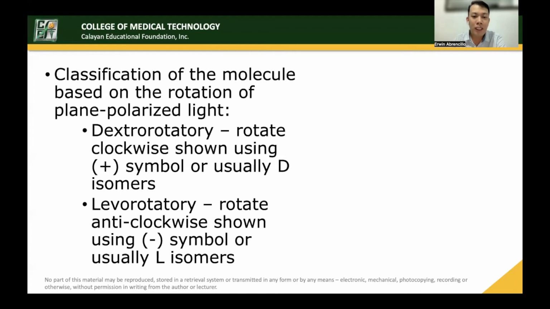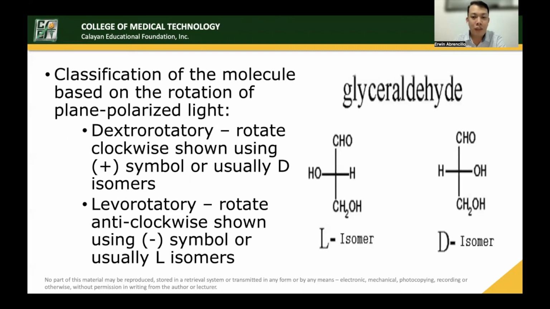When we say D-isomer, D means dextrorotatory, or simply D means right. And L, levorotatory or L-isomer. You just think that L is left so that you will not be confused. Again, L is left and D is right. With that, you can see here that we have an L-isomer on the left and D-isomer on the right.